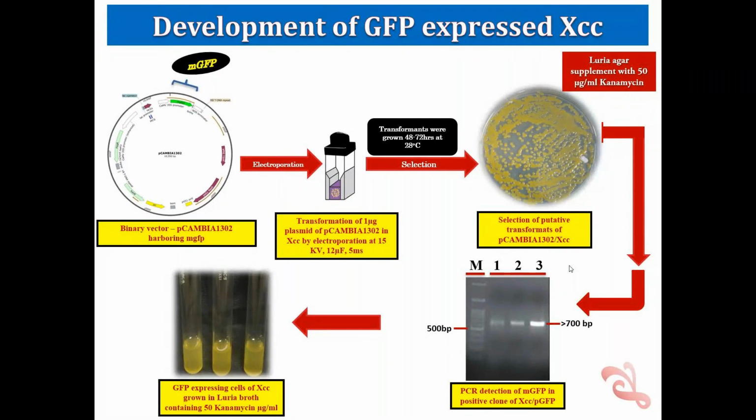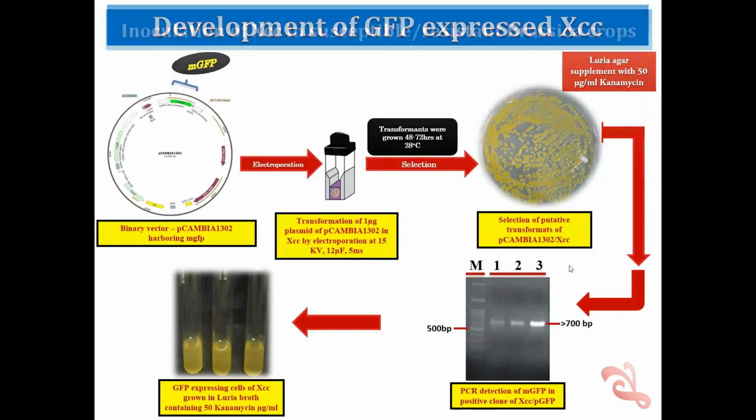The recombinant cells were selected on Luria agar supplemented with 50 microgram per ml kanamycin. These clones were verified by PCR detection of the mGFP gene through the conventional PCR method, and these positive clones were used for the analysis of GFP expression in resistant and susceptible hosts.